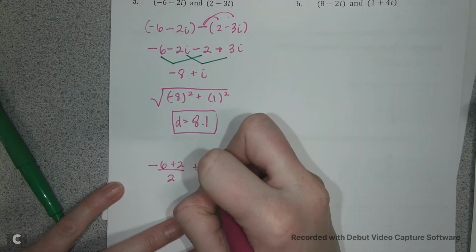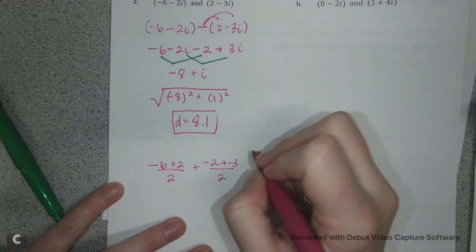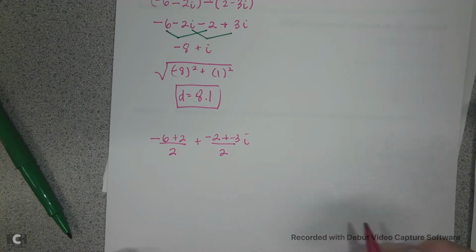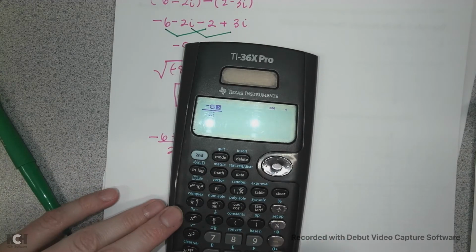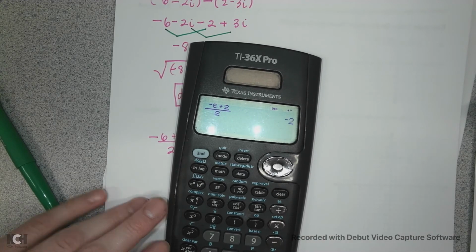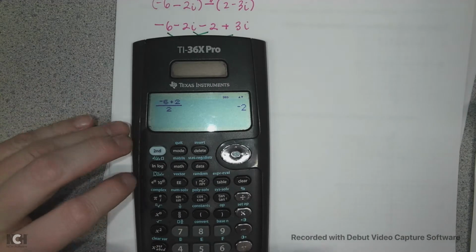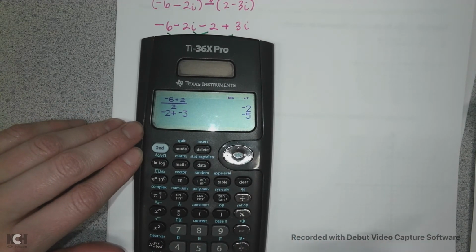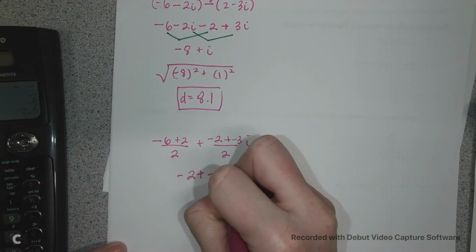We're going to do the same thing with the imaginaries, -2 and -3, and then again cut them in half, but they have an i. This will be our midpoint. We can just type this in the calculator if you want to. -6 plus 2 over 2 is -2. And -2 plus -3 is -5, divided by 2 is -2.5i.